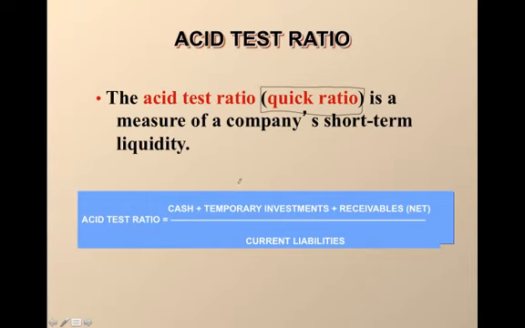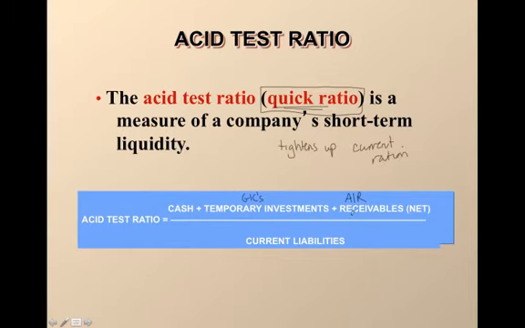Now the difference is, it's very similar to the ratio we just looked at. However, we're only taking cash and temporary investments. These are like GICs and things like that. Some companies have them right between cash and accounts receivable. And we're going to leave things like merchandise inventory out of it. So it really tightens up that current ratio that we just looked at.